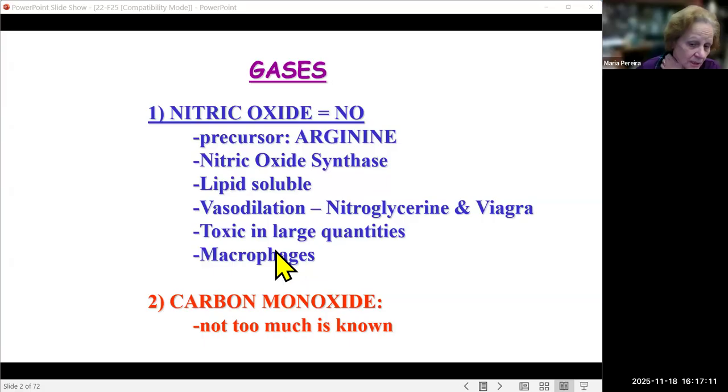Okay, so this nitric oxide can be used for treatment of disease conditions. For example, nitroglycerin is a substance that, if it's metabolized, produces nitric oxide.